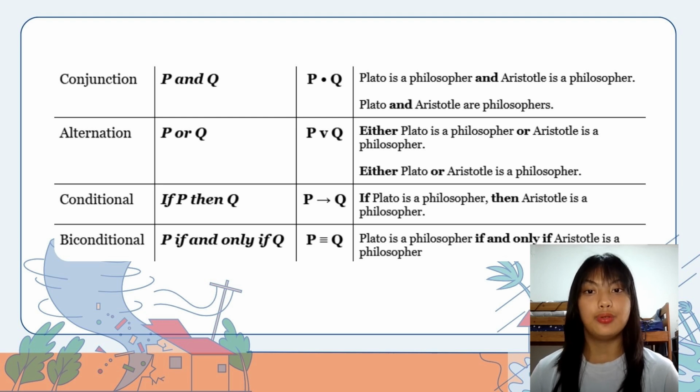P, short arrow, Q. This reads if P, then Q, or simply P, then Q. Since the short arrow is the technical symbol for conditional, and conditional is the technical representation for if/then. And biconditional, P, three lines, Q. This reads P if and only if Q, since this symbol is the technical symbol for the biconditional, and biconditional is the technical representation for if and only if.